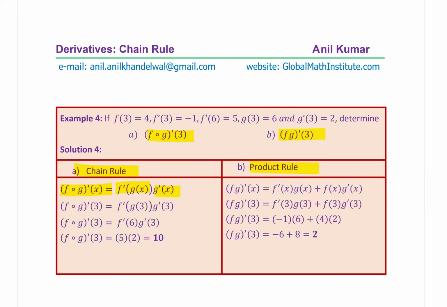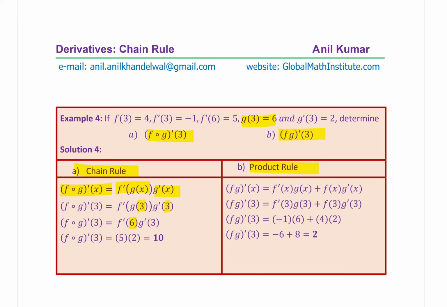So the derivative of f of g at 3 will be f prime of g of 3, right? So we replaced x with 3, times g prime of 3. Now we can read the values. What is g of 3 equal to? So g of 3 is given to us as 6. So we'll replace that with 6. So we get f prime of 6, correct?